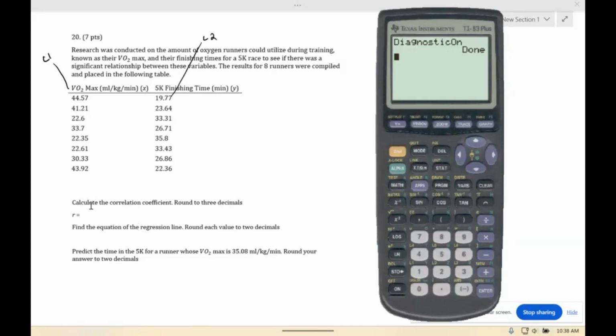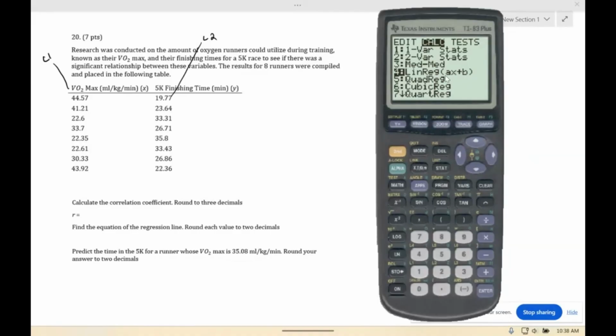So in order to calculate that coefficient and find the regression equation, I'm going to go into stat. I'm going to scroll over to calc. I'm going to go down to linear regression ax plus b. And if you remember from college algebra, slope-intercept form of a linear equation was y equals ax plus b.